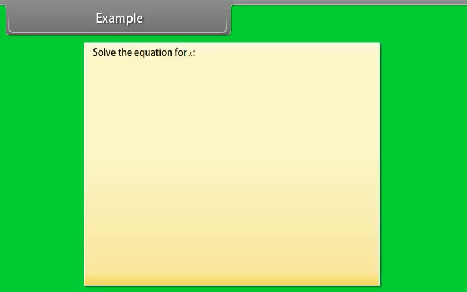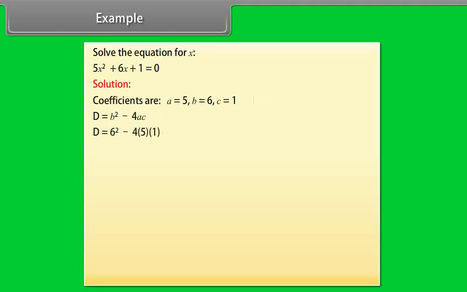Example. Solve the equation for x. 5x² + 6x + 1 = 0. Solution. Coefficients are a = 5, b = 6, c = 1. D = b² − 4ac = 6² − 4 × 5 × 1 = 16.